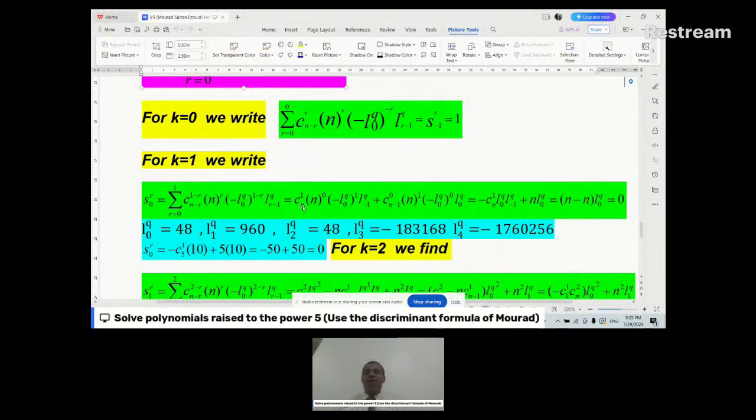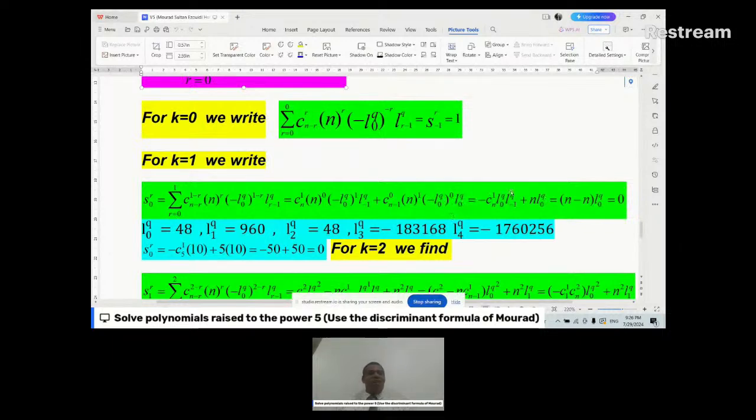When r equals 0, learners, you can write this as n combination choose 1, n raised to the power 0 times negative L0 for the q raised to the power 1 times L minus 1 over the q, plus when r equals 1, the last one, we get n combination n minus 1 choose 0, which is 1, n raised to the power 1. This is going to be equal to 1 times L0 for the q.